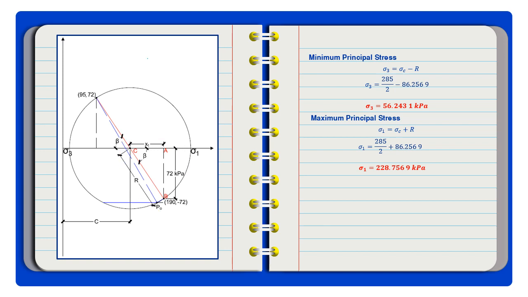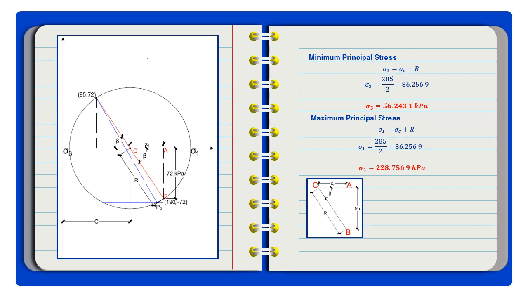So, kunin natin yung beta na nandito. We can get beta by extracting a triangle which is a triangle ABC. So, extracting the triangle, which is shown here, ang height ng triangle or height ng segment AB is 95.